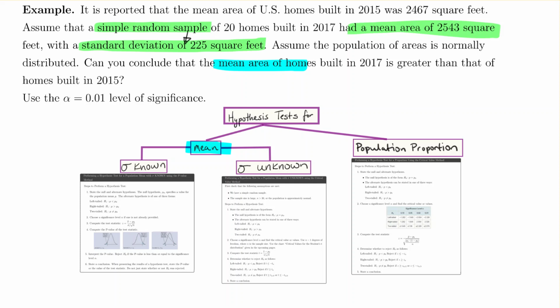This is my sample standard deviation. So while a standard deviation is mentioned, sigma is unknown because sigma is the population standard deviation. That's why we know we're dealing with this method. We're looking for a hypothesis test of the mean when the population standard deviation is unknown. Once we know the method, we read through the steps and we begin an orderly process.